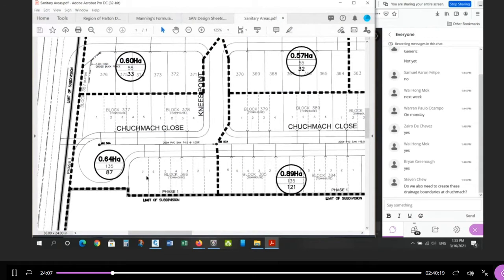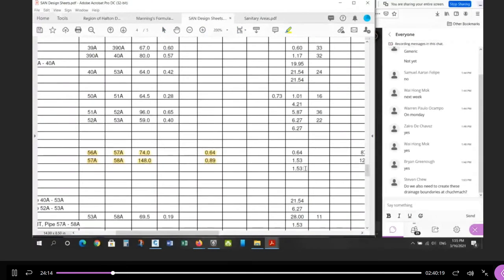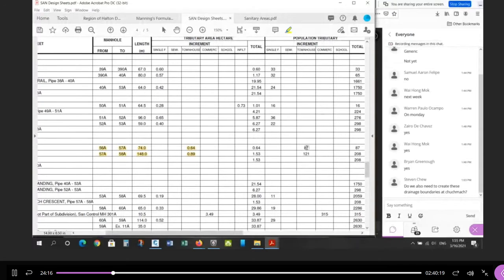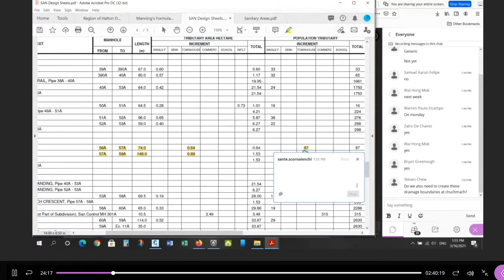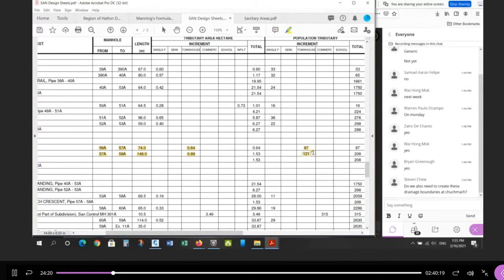And then based on the density, you have the populations, 87 and 121. So back to the design sheet: this information here is typed in, and this information is typed in. These are all typed in values.